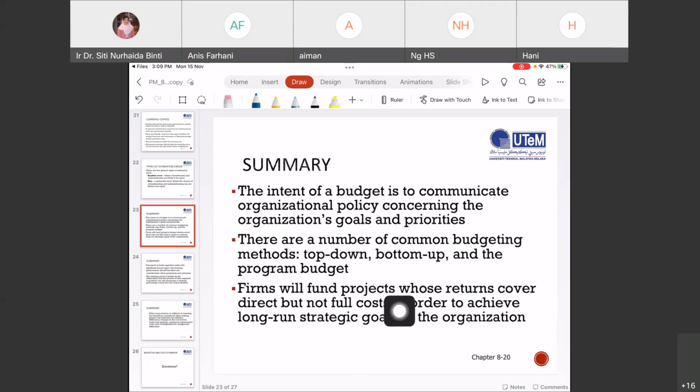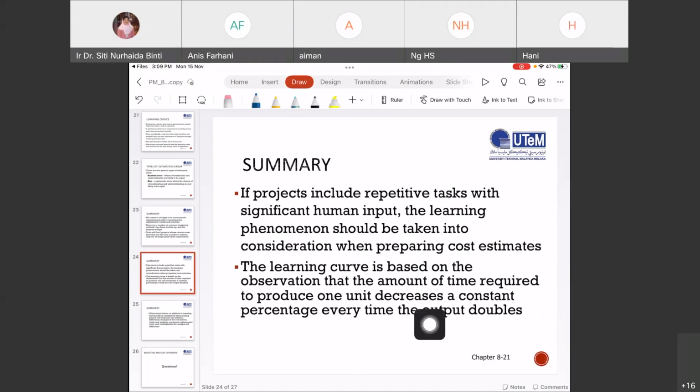Firms will fund projects whose returns cover direct but not full costs in order to achieve long-run strategic goals of the organization. If a project includes repetitive tasks with significant human input, the learning phenomenon should be taken into consideration when preparing cost estimates, right?